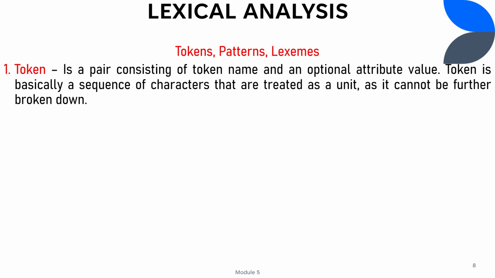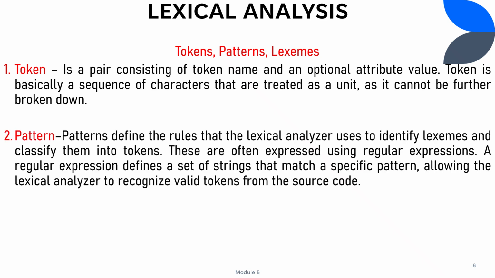A token is a pair consisting of a token name and an attribute value. A token is basically a sequence of characters that are treated as a unit, and it cannot be further broken down. As I said, patterns define the rules that the lexical analyzer uses to identify lexemes and classify them into tokens.